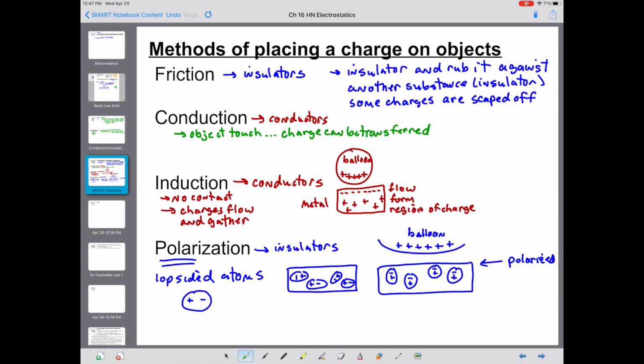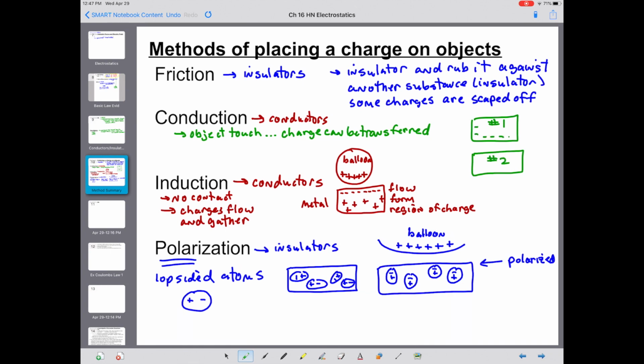And so then if I have an object that is charged negatively and I touch it over to a second object, some of those electrons will actually flow from the first object to the second object. So then object number 1, object number 2.